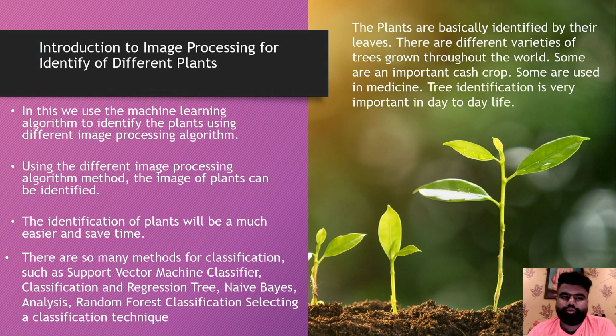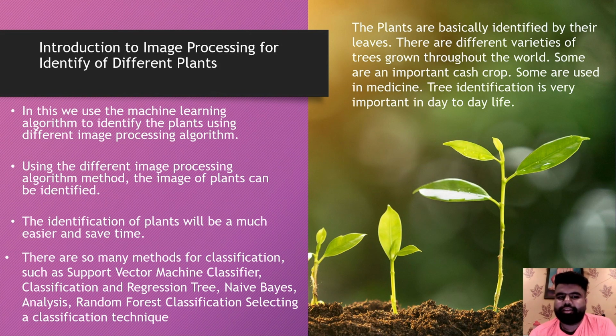So we will start with the introduction to image processing, which is used for the identification of different plants. As we know, there are varieties of plants in our surroundings, and some plants are identified by us and some are not.